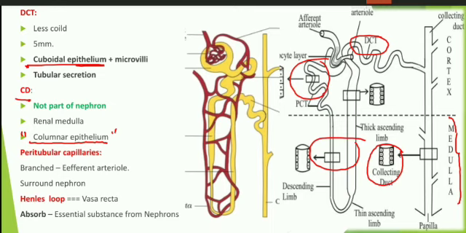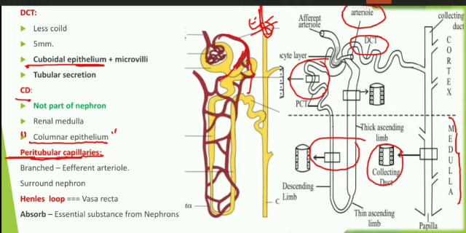And next one is the efferent arterioles. These efferent arterioles again divide into some branches, and those branches are known as peritubular capillaries. You can see here, this is the efferent arteriole, and it divides into branches, and these branches are known as peritubular capillaries.